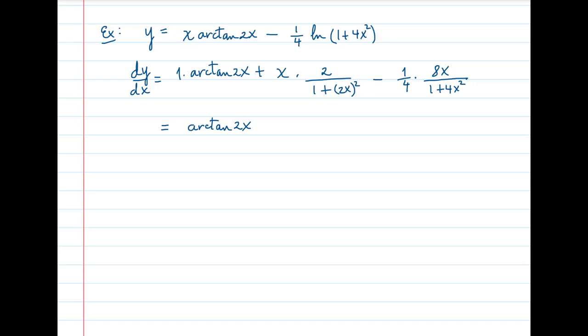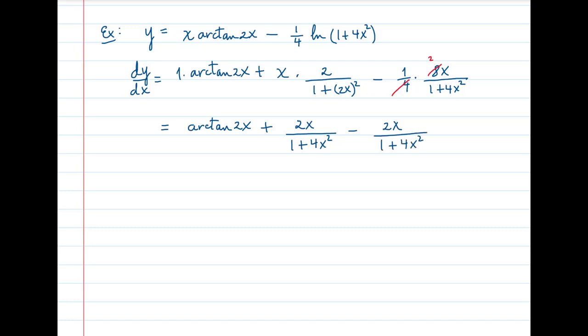All right, so then simplifying it a little bit. Again, at this point, we've computed all the derivatives. We just need to clean this up a little bit. Get arctangent of 2x plus 2x over 1 plus 4x squared. Right? 2x all over the square gives you 4x squared. Now on the last term, the 8 and the 4 turn into a 2 there, and we have minus 2x all over 1 plus 4x squared.